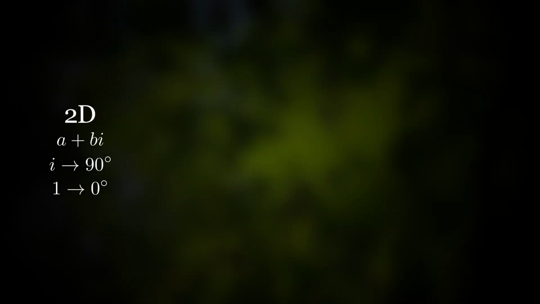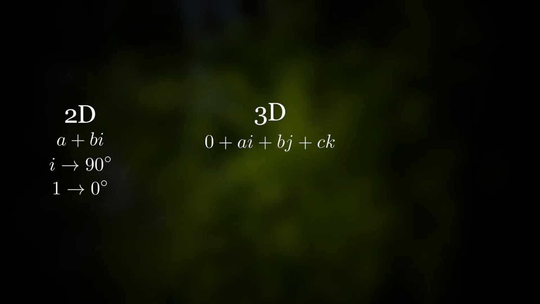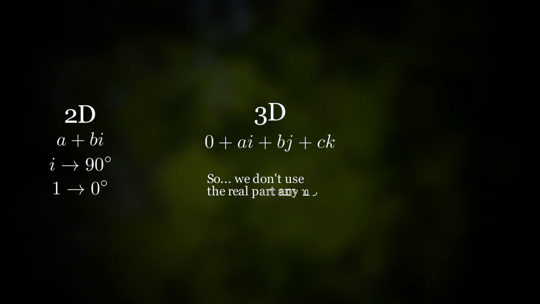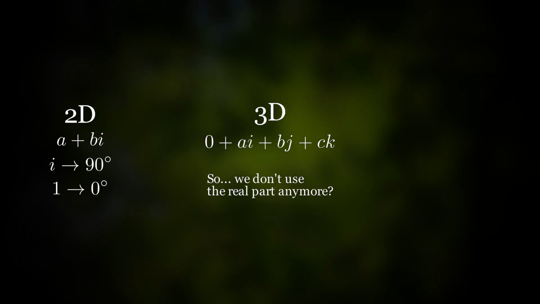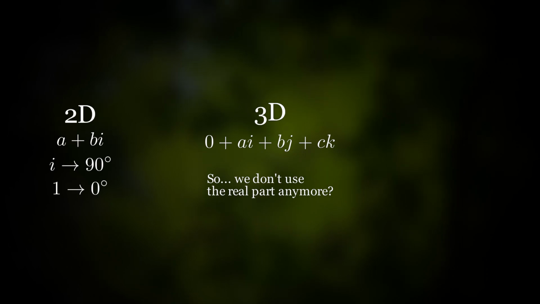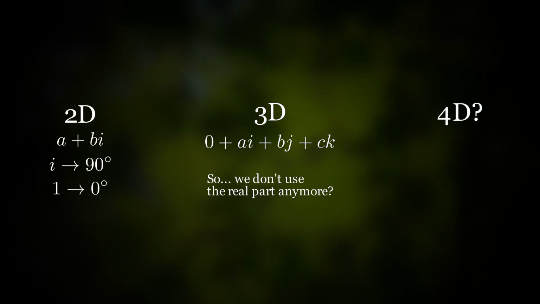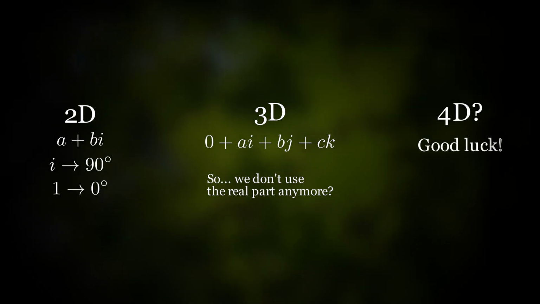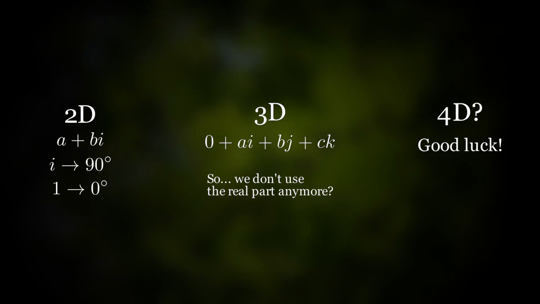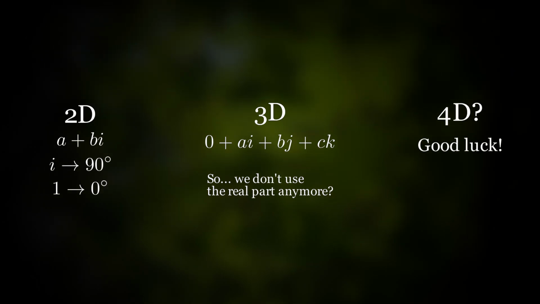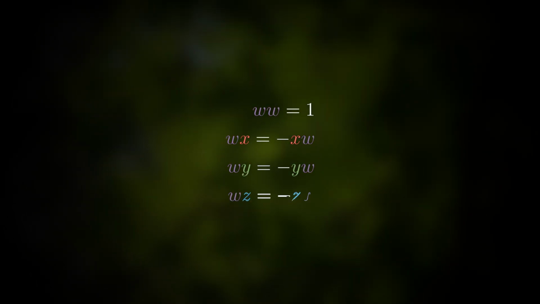And even worse, when using quaternions, we don't even use the real component when representing the vector. Isn't that weird? We used to use the real part in 2D rotations, so why did we drop it in 3D? And what if you wanted to rotate vectors in 4D or 5D? Quaternions won't generalize so easily to those dimensions. With our method, just add a new basis vector and you're good to go.